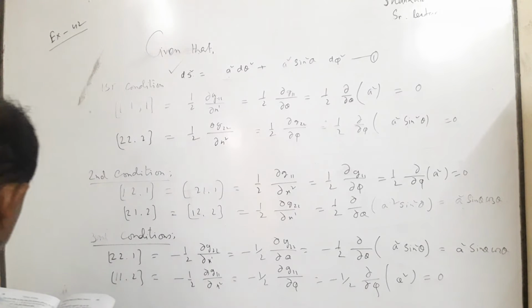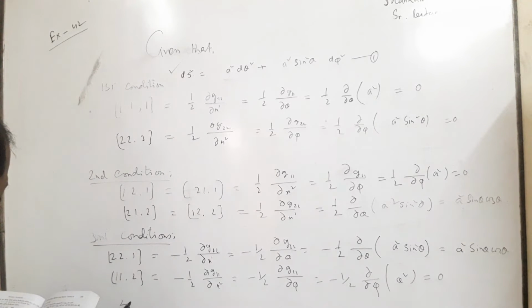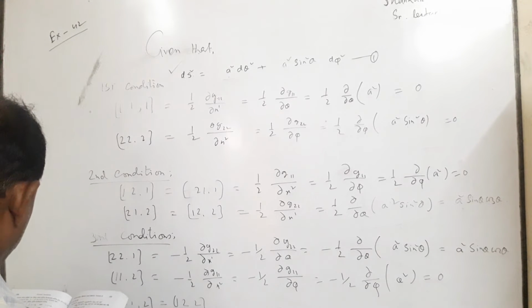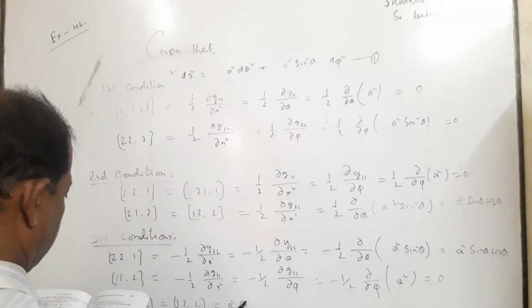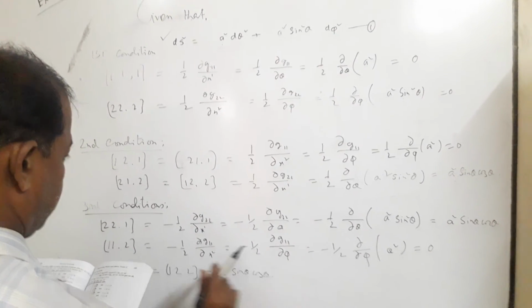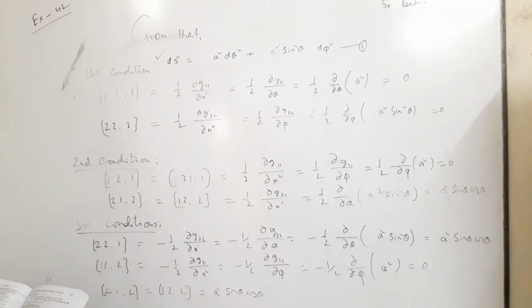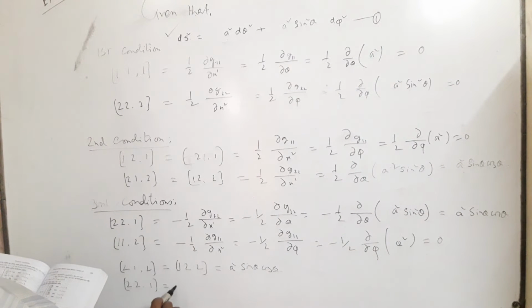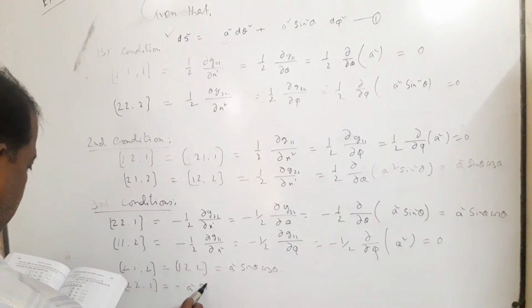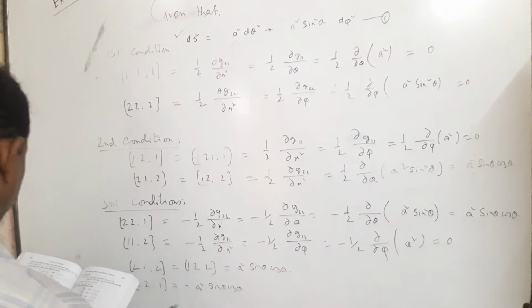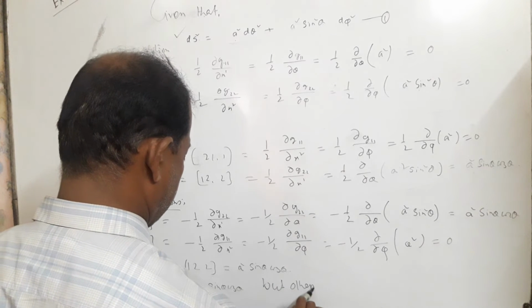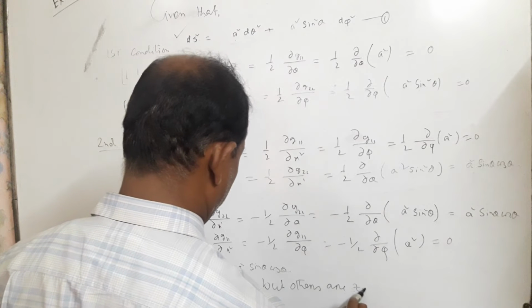It's the same as Γ^1_{12} equal to Γ^1_{21}. Γ^2_{12} is equal to a² sin θ cos θ, and Γ^2_{21} is equal to minus a² sin θ cos θ, but the others are 0.